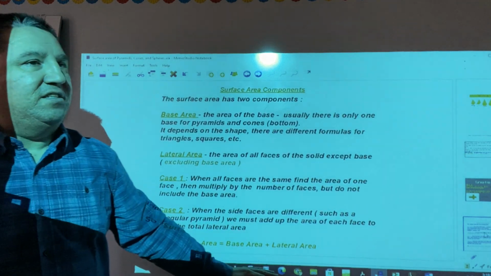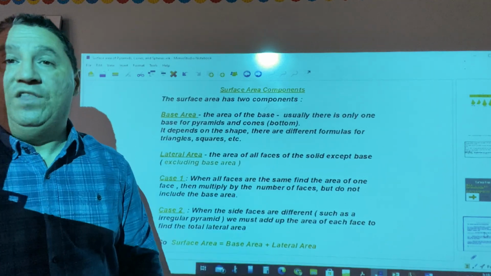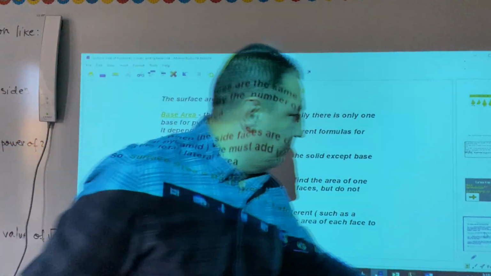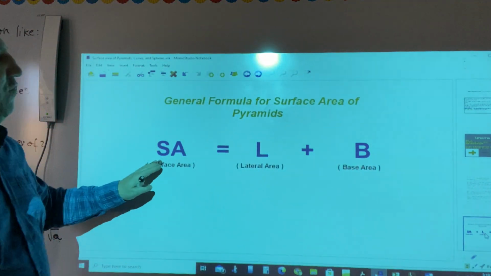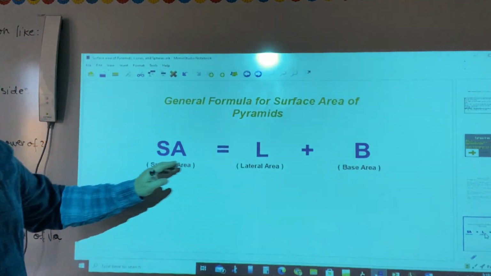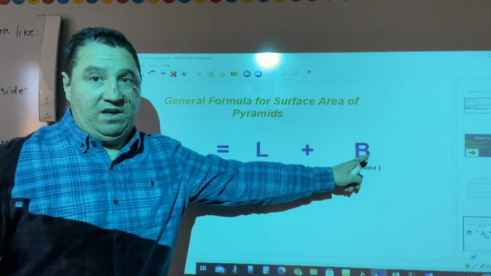Surface area is the sum of the area of the base and the lateral area. Good? So this is the formula: surface area equals the sum of the lateral area and the base area.